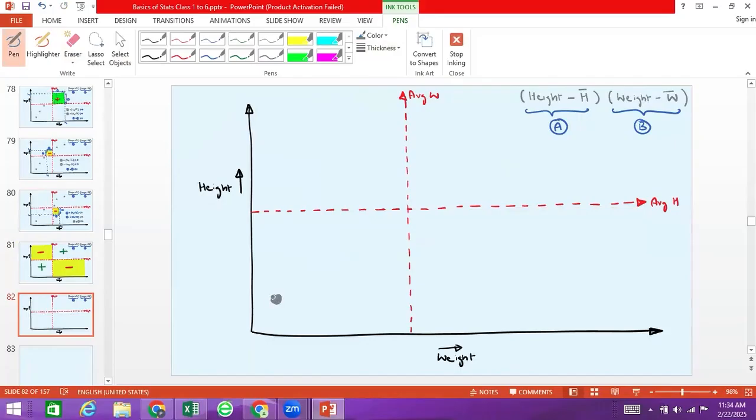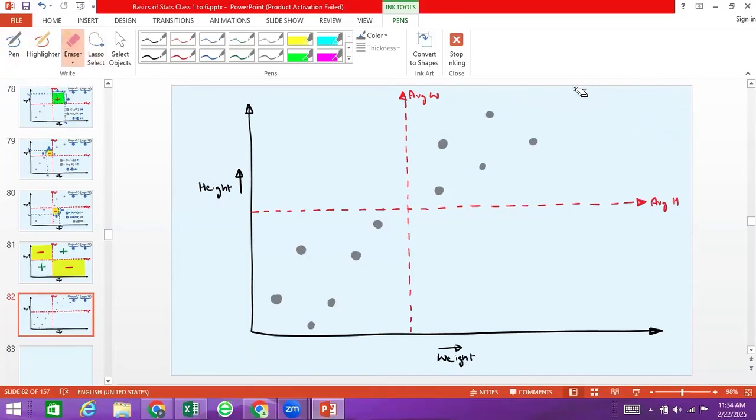Let's say I have one point here, one here, one here, one here, one here, one here, one here, one here. Let's say I have these multiple points. And each point will be projecting some area, right? You tell me whether the summation of all the areas associated with these points will be positive or negative?